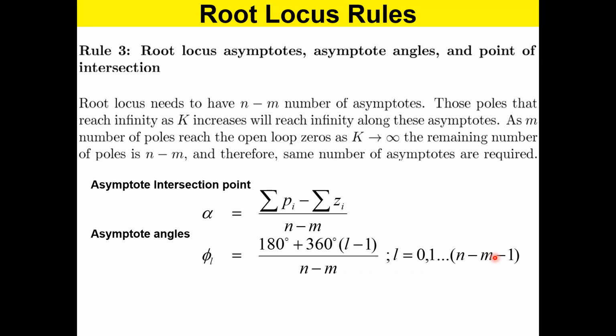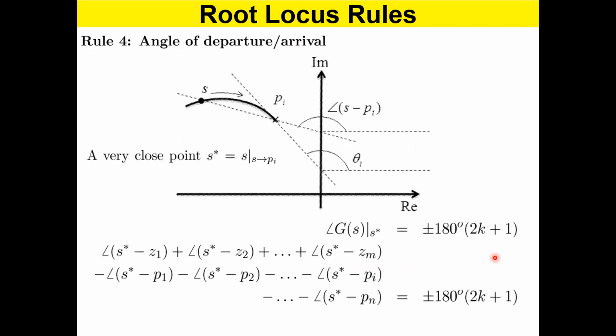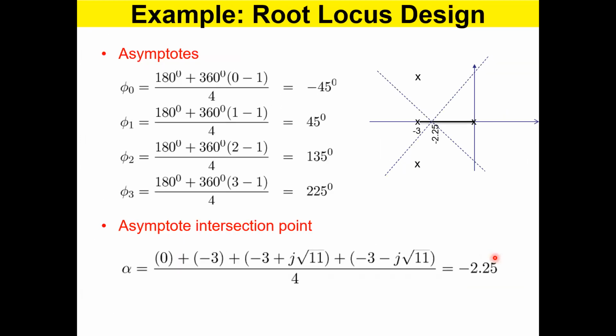They are called asymptotes. So the first one is like this: 180 plus 360 times 0 minus 1 divided by n minus m, which is 4 minus 0. The answer is minus 45. So this is minus 45 line.